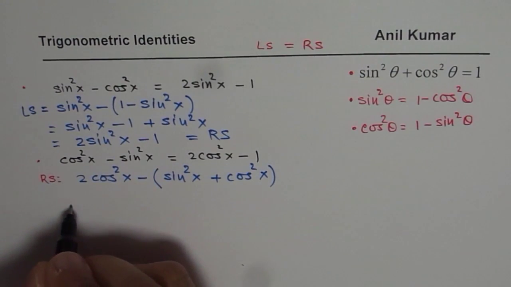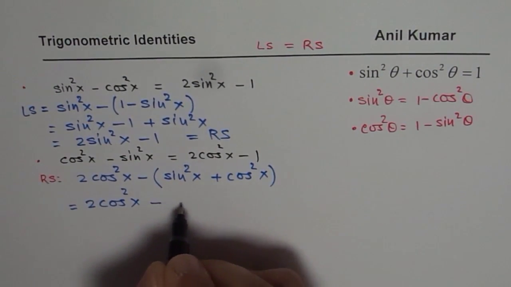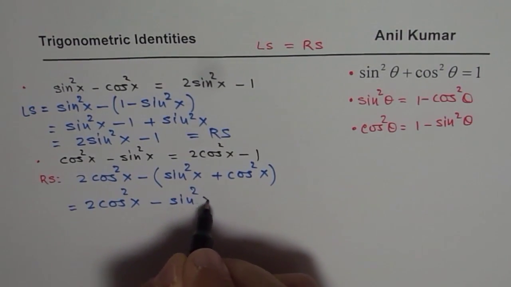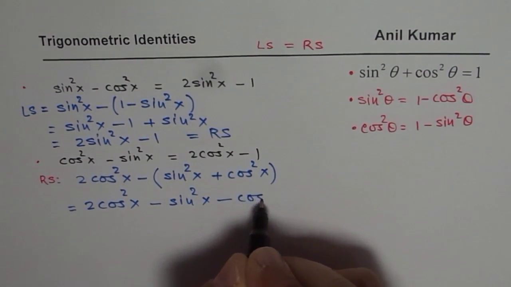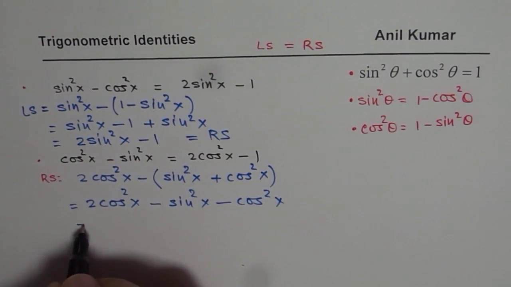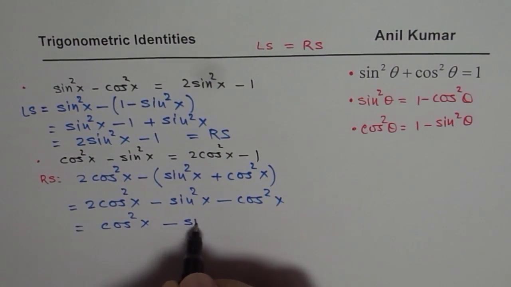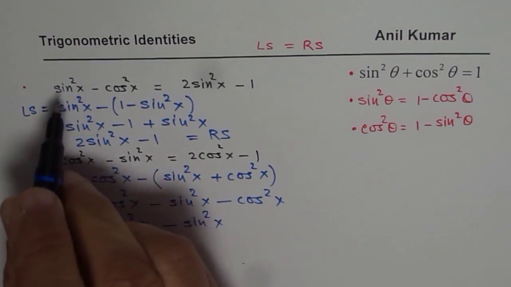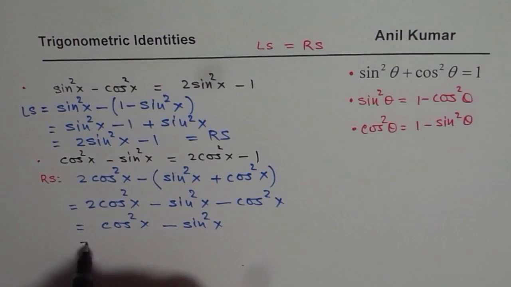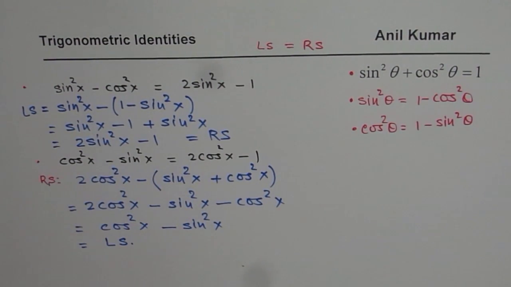So the right side now is 2 cos square x minus sin square x minus cos square x, right? 2 cos square x minus cos square x is cos square x. So we get cos square x minus sin square x. Now that is my left side. So this is equals to left side. So I have proved that right side is equals to left side. So that is how I could prove the second identity.